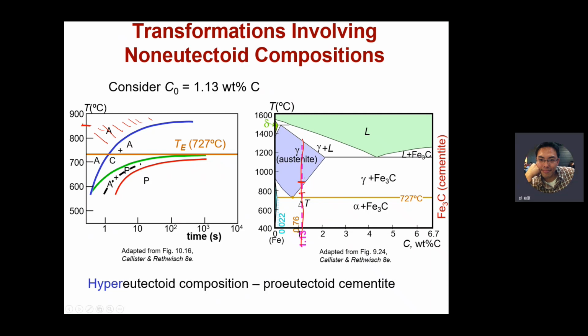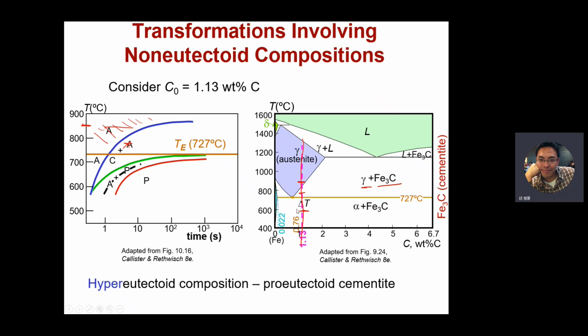The structure reaches the two-phase region, right? What's the two-phase region? It's austenite and cementite, right? That means here, let's say 800, maybe somewhere here, right? And keep cooling below 728 right here.